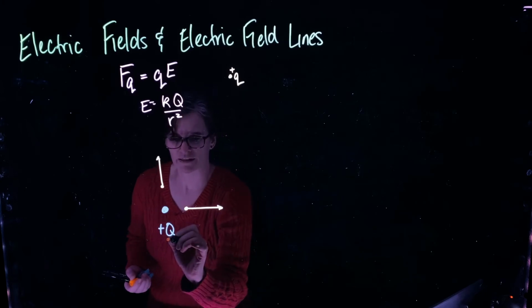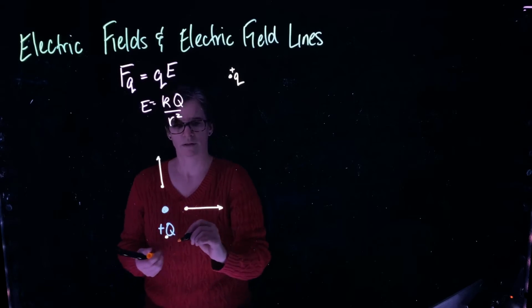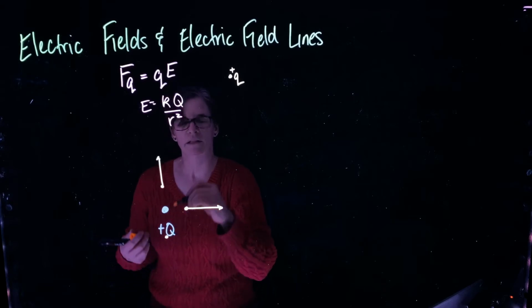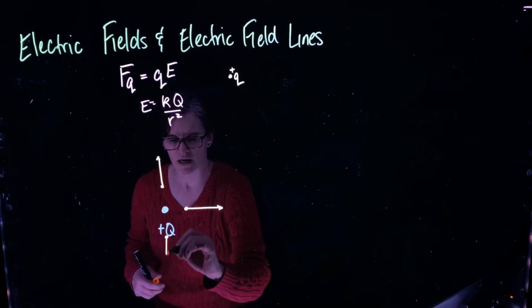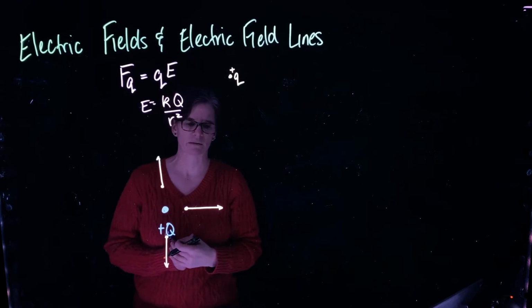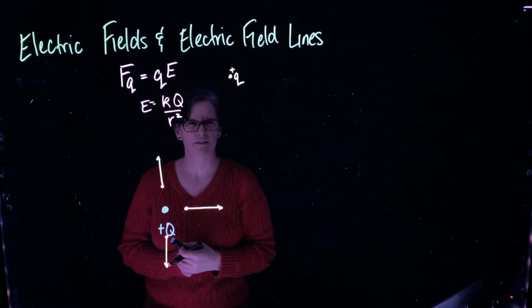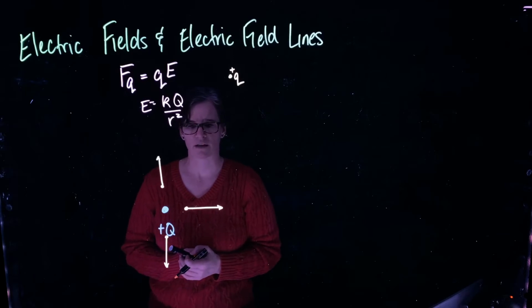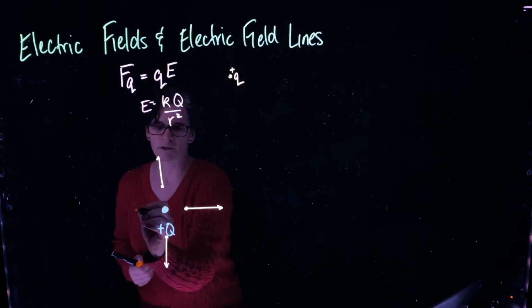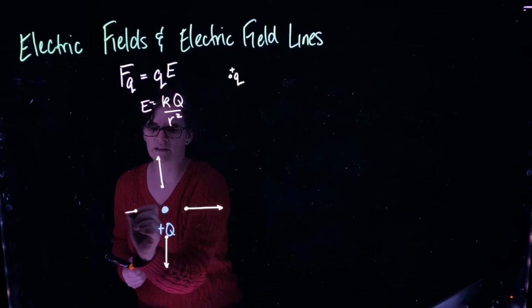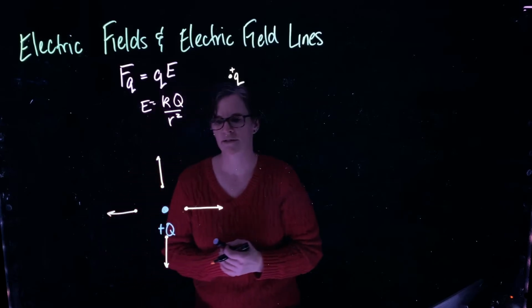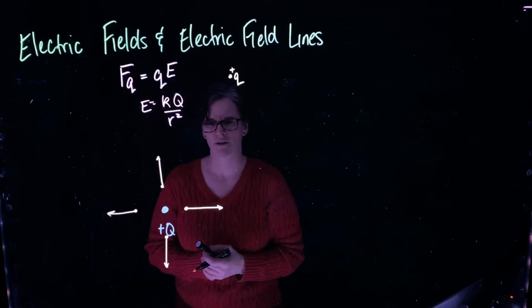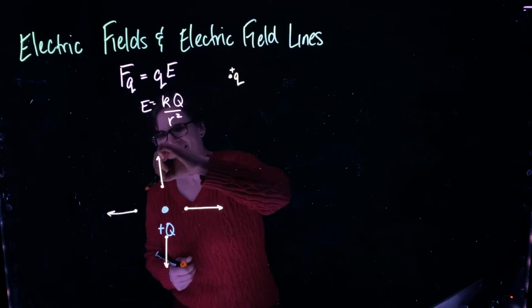Similarly, if I put it the same distance below, well, they're both positive charges, and they're both at the same radius, so I should get that charged particle feeling an electric force in the outward direction as a result of that field. And similarly, on the left, I would get an electric force to the left as a result of that field.